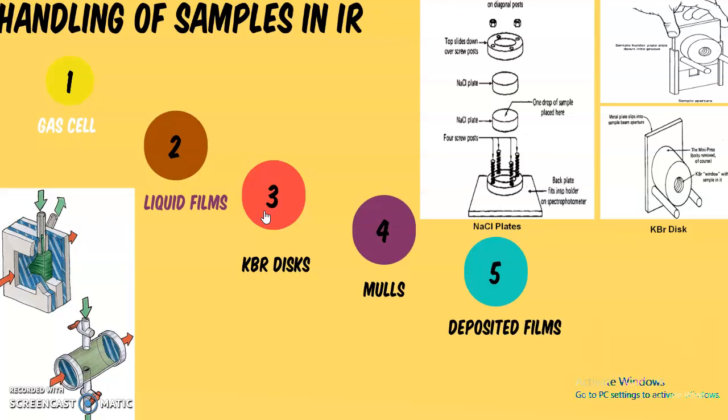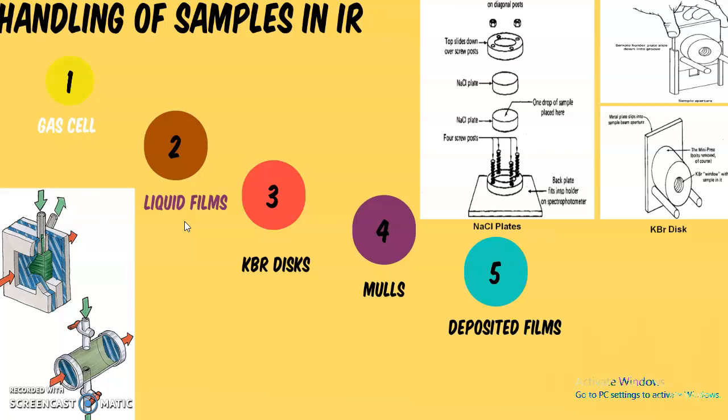Once the wavelength is selected, the important thing is handling of sample in IR. Sample handling in IR depends upon the nature of the sample: either a gas cell, a liquid film, a KBr disc, a mull, or a deposited film. So a gas cell involves a gas in the chamber which is filled up and placed in the IR spectrophotometer for detection. Liquids are made into a film.